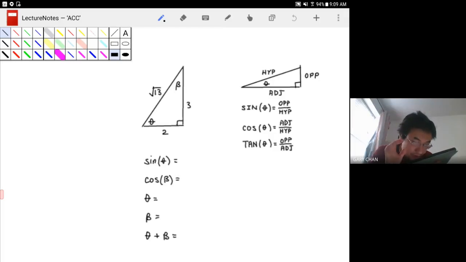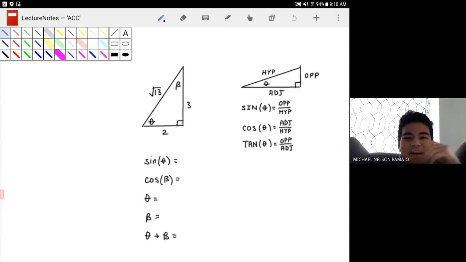Okay, so let's talk about this. I left these things here blank for a reason, because we're going to try to figure out what they are. So with our understanding of sine, cosine, and tangent as it pertains to right triangles and trigonometry, Michael, can you tell me what sine theta will equal in this situation?